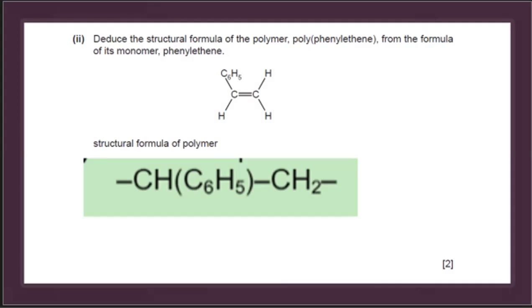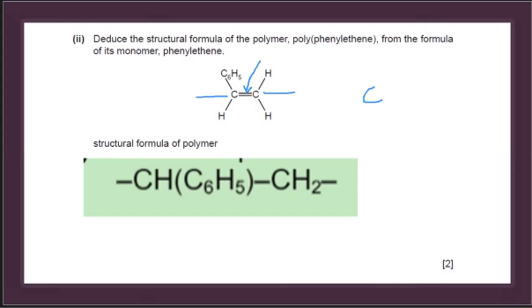All right, deduce the structural formula of the polymer polyphenylethene from the formula of its monomer phenylethene. So if you look at it, there's a double bond present. If I'm trying to get the polymer, this double bond is going to be broken, and the bonds will be added on the side there.